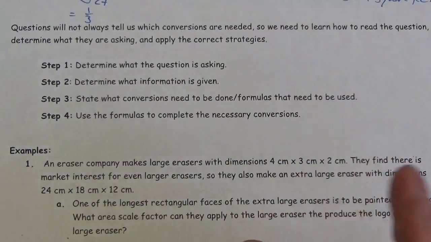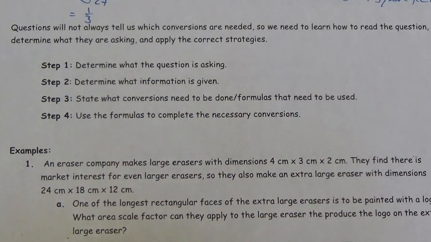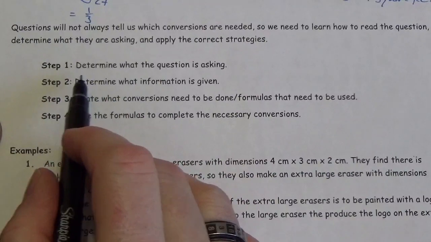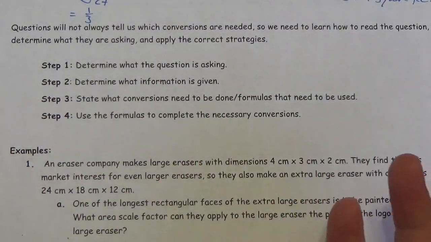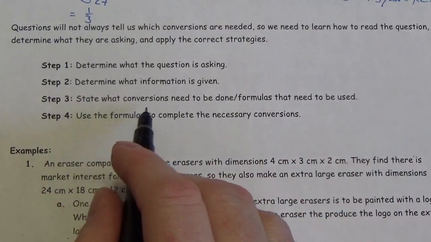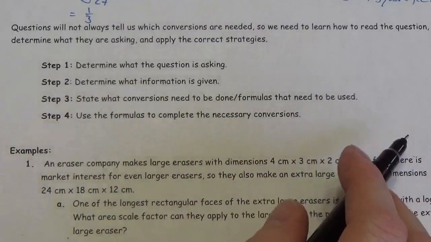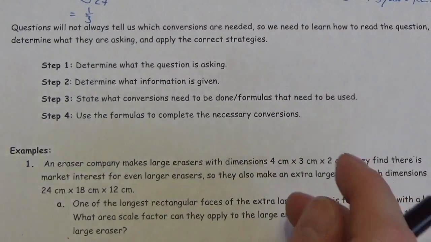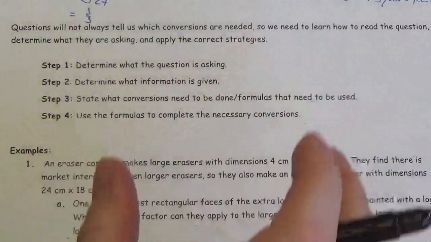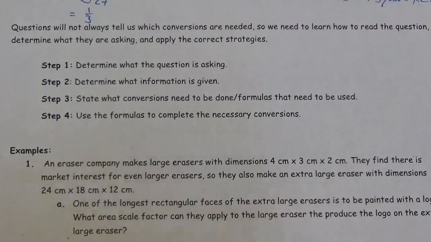It just requires work and practice. So the first step is to determine what the question is asking for, what information is given, state what conversions need to be done, and then use the formulas to complete the necessary conversions. Okay, so let's jump in and take a look at an example.